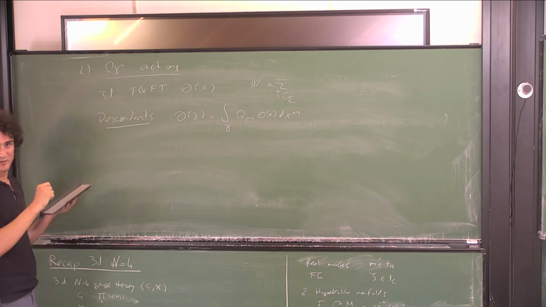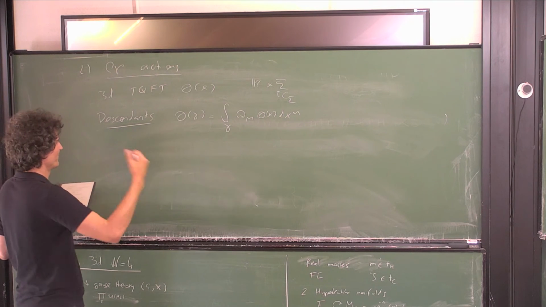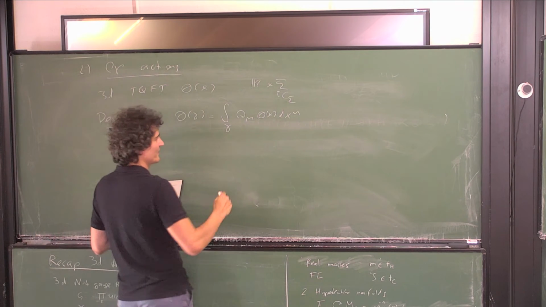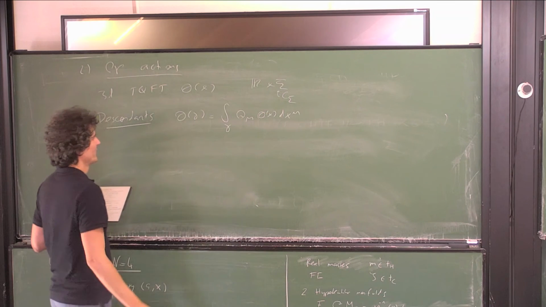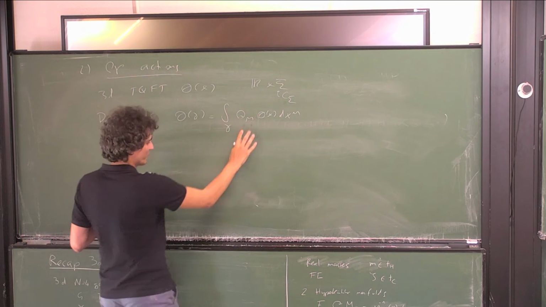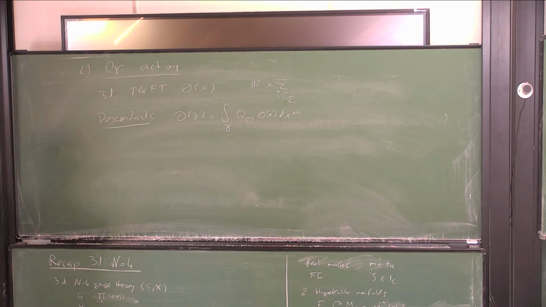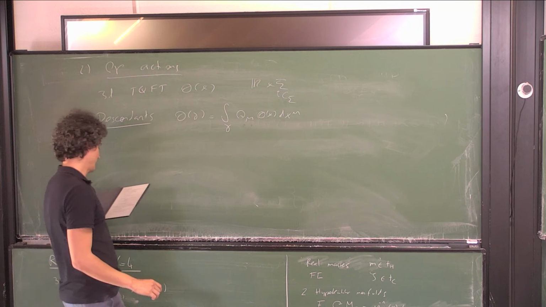So I'm going to take my local operator and define an operator that is supported on a cycle on sigma. And the operation is via this Q mu that I've written down there. If you want to know more about it, you can ask me later.